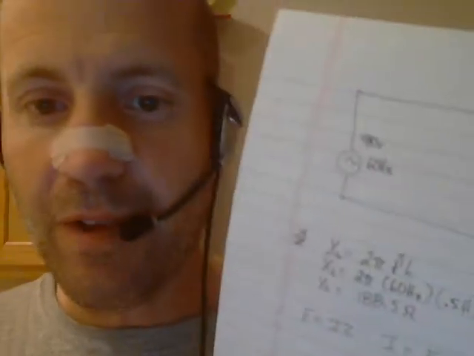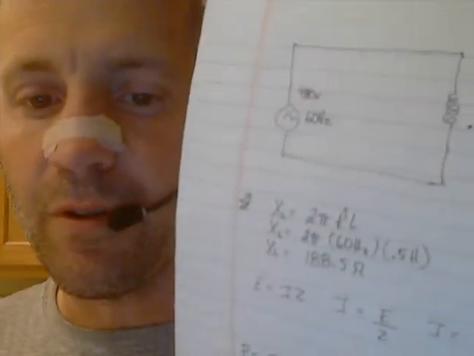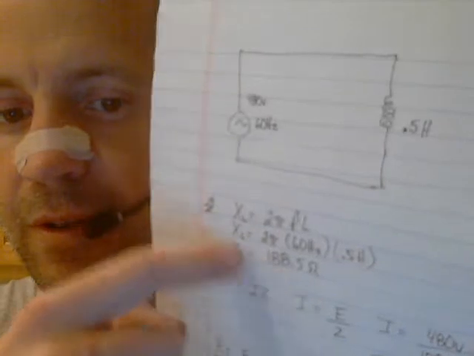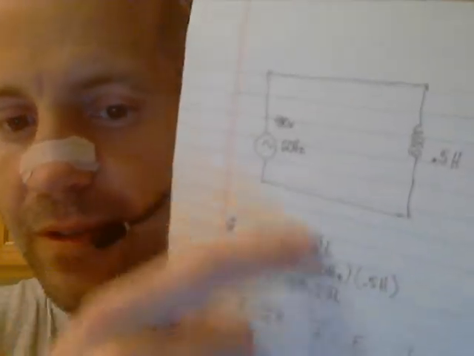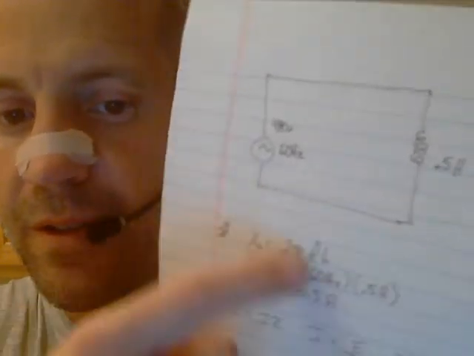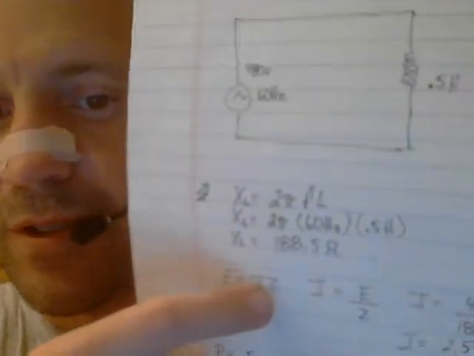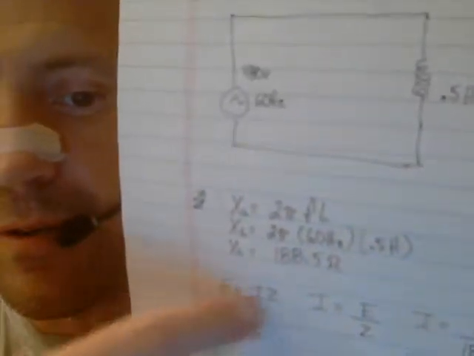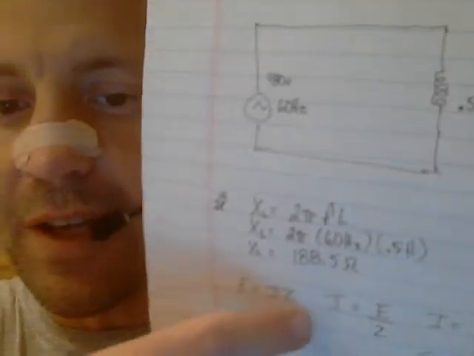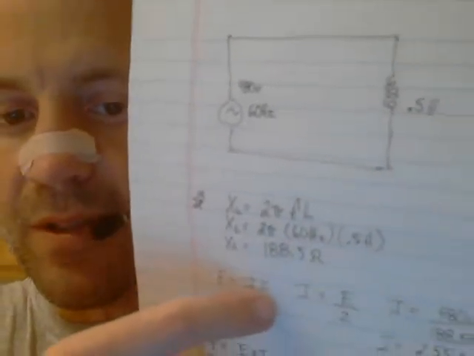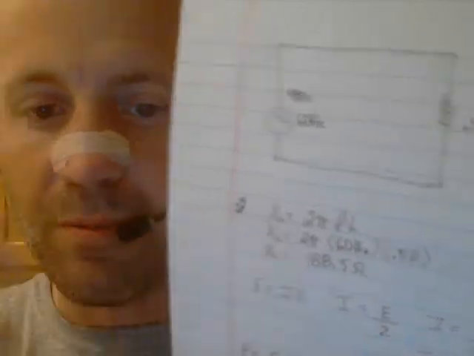Okay, so now that we know that, we can find how much current is flowing through our circuit, because this inductive reactance is the only thing in the circuit, so we can just use it in place of resistance in our formula, E equals I times R. In this case, we're going to use Z because Z represents impedance, which could be inductive reactance or resistance or whatever.